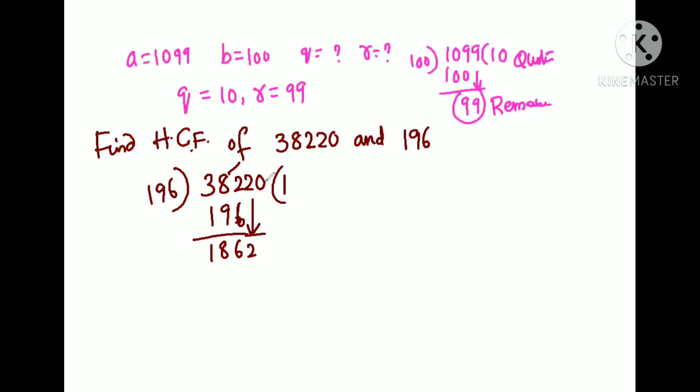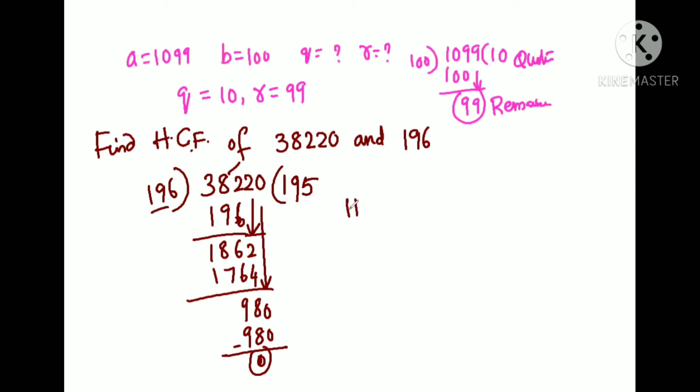Here 196 times 9 gives 1764. By subtracting, you get 8, 9, and bring down 0. Now 196 times 5 is 980, so you get 0. So 196 is a factor of 38,220. Therefore, the HCF is 196.